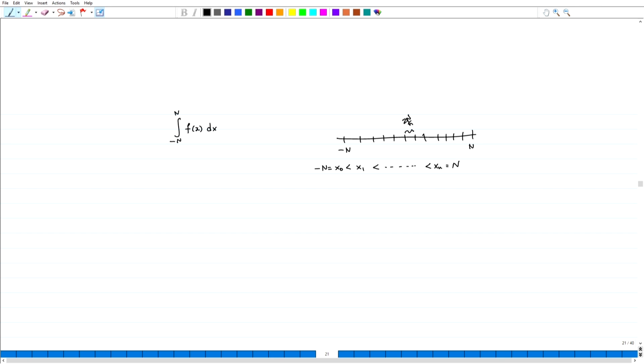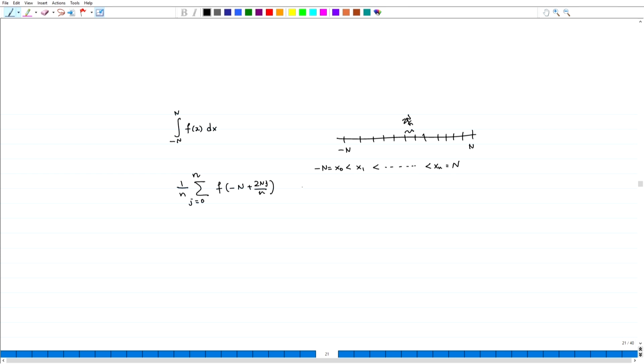Therefore, this Riemann integral can be approximated by a Riemann sum. So, what is the Riemann sum? The Riemann sum would be 1 over n, summation over j from 0 to n of f of minus n plus 2n j by n, each step being 2n by n.